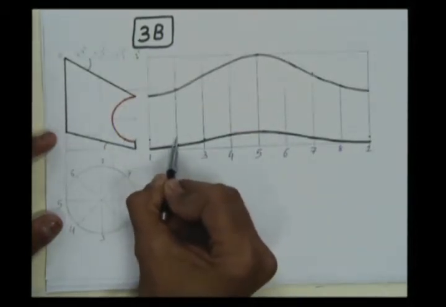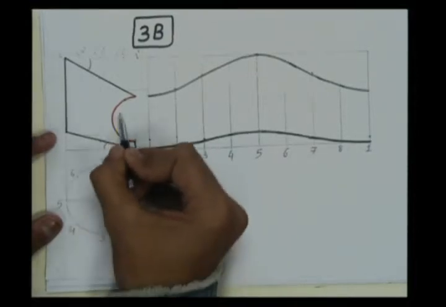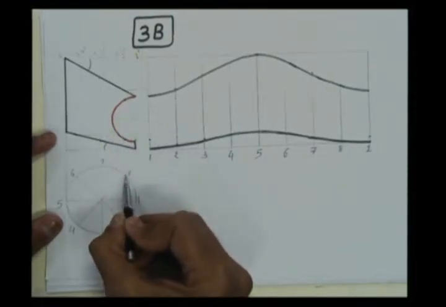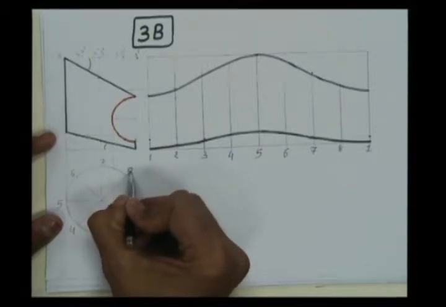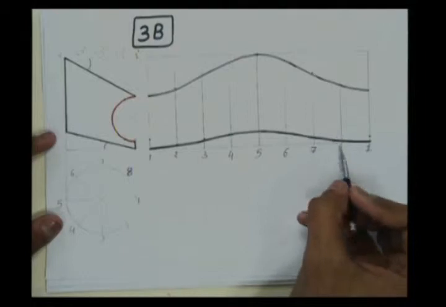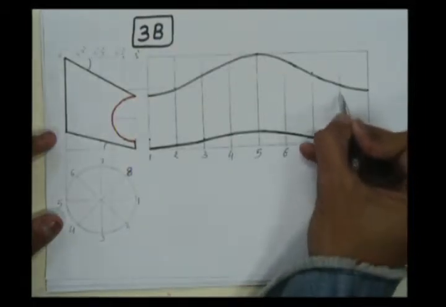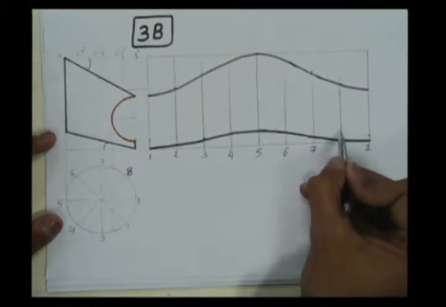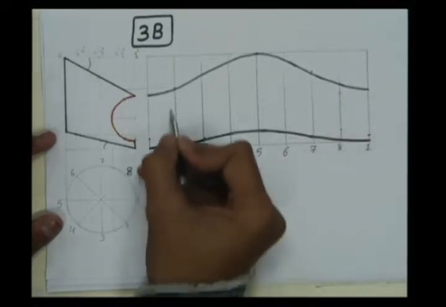Transfer this point to here, so this is the point. Similarly, here imaginary generator 8 is also there. You can see here, this is imaginary generator number 8. So for that, transfer this point to 8. 8 is here, one is here, another is here. So we have picked up both the points on 8 as well as on 2.